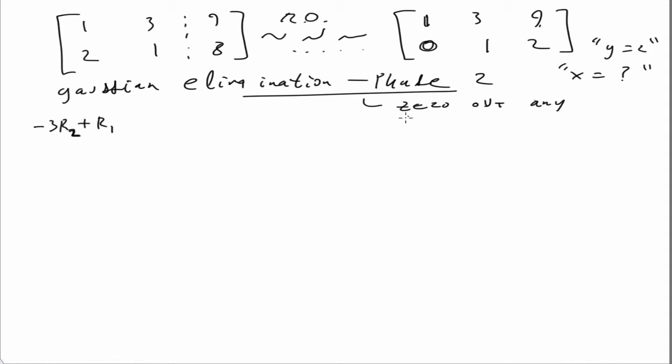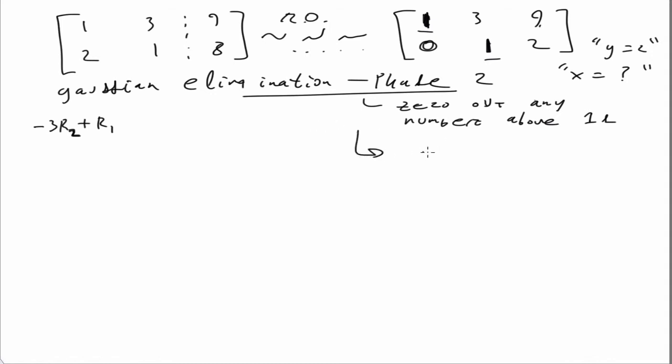any number above ones. Right, so we have to come up with some notation. We see we have these ones on the diagonal, and these are actually called leading positions.